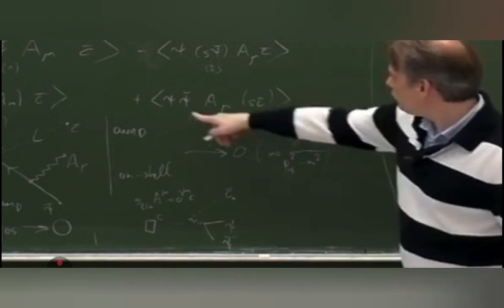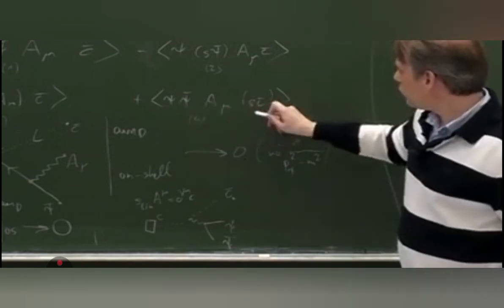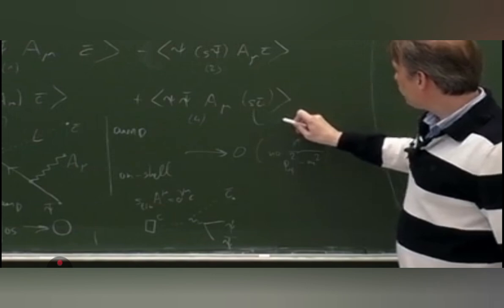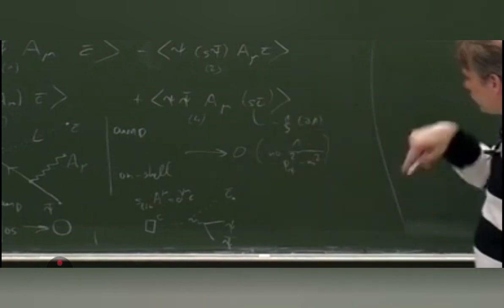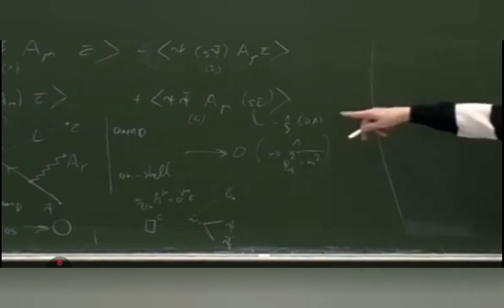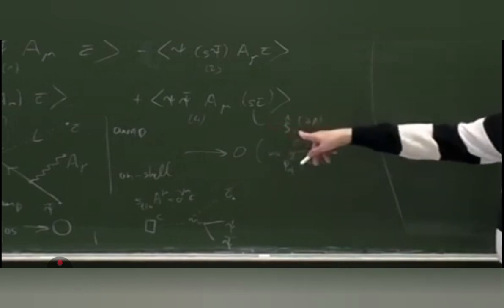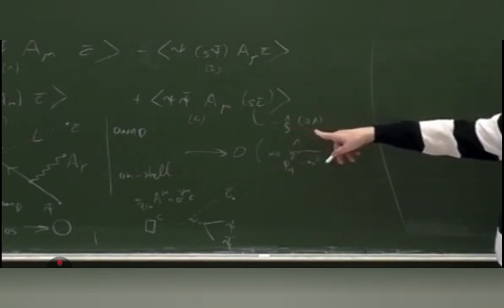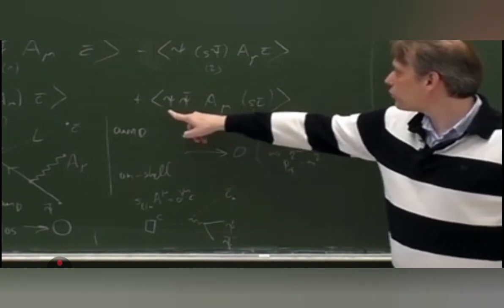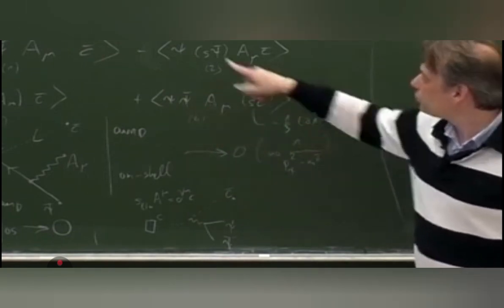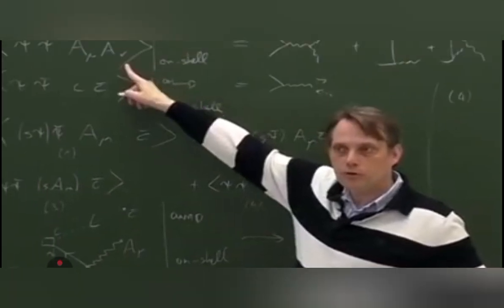Diagram 4 is this one here, where S C bar is minus 1 over xi d mu A mu. So, long story short, this is already a linear BRST transformation, and we directly get a Green function psi bar, psi, A, which is this Green function here, but multiplied with the momentum and times 1 over xi.